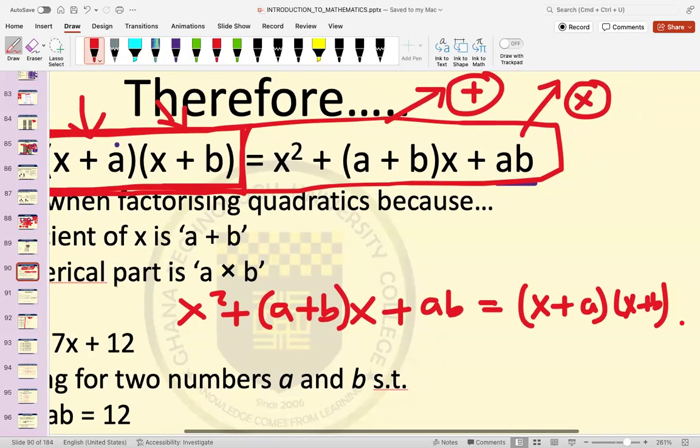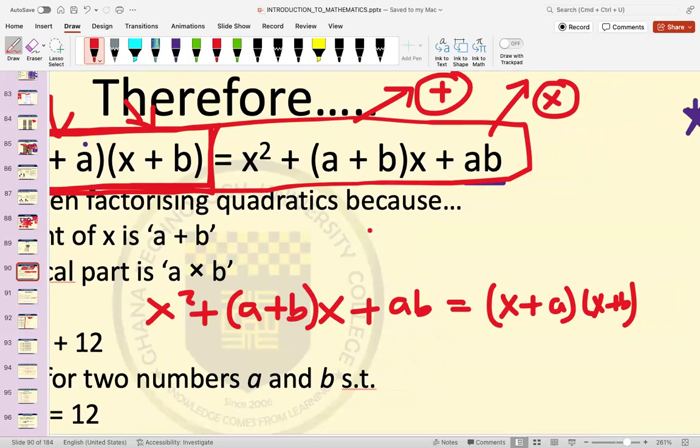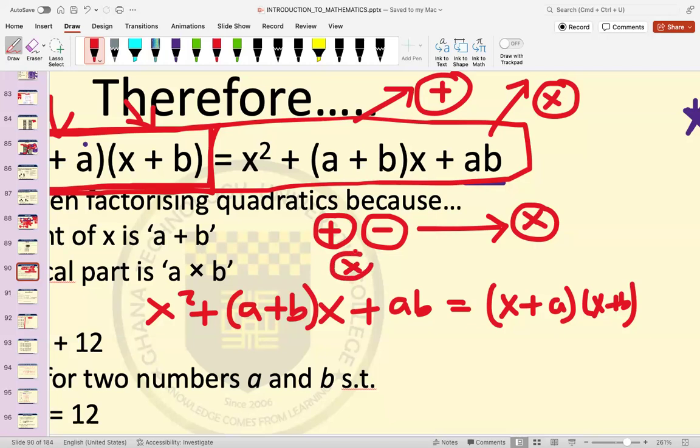And from what we did before we got here, we said sometimes they can ask you to change either addition or subtraction into multiplication. Or they can also ask you to change multiplication to addition or subtraction. And we've worked examples on this one.